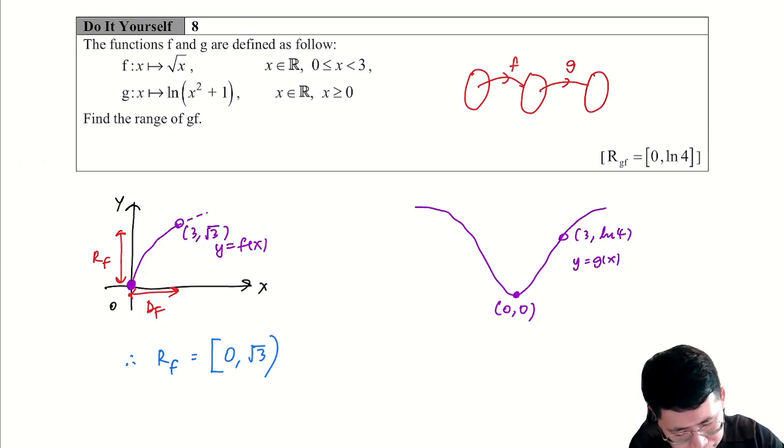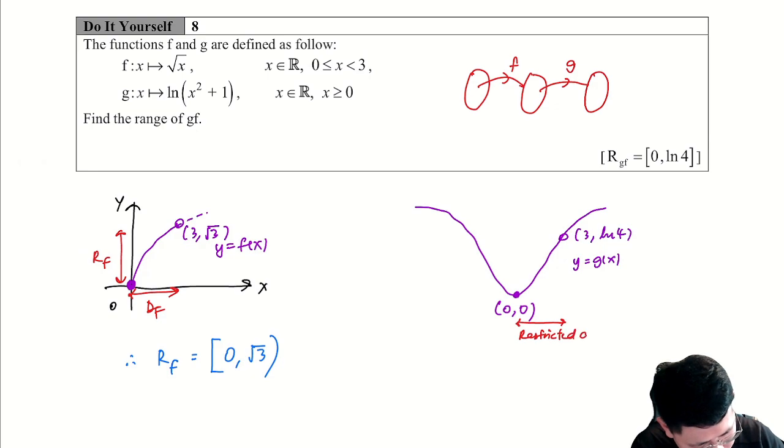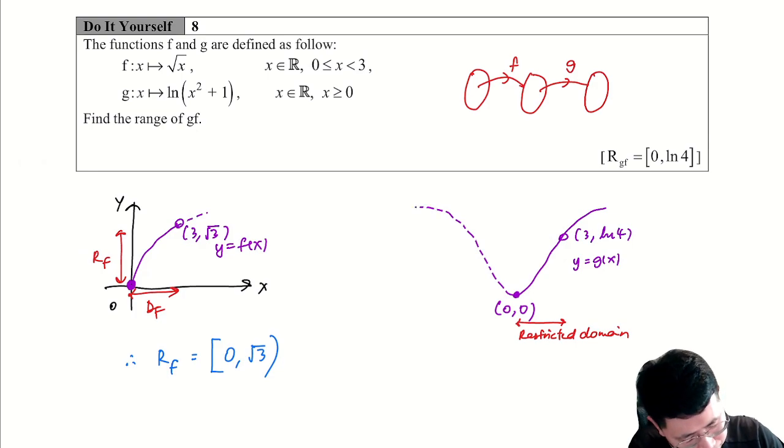Because this is the restricted domain, we will just ignore the other parts of the graph, so it's going to be like that.